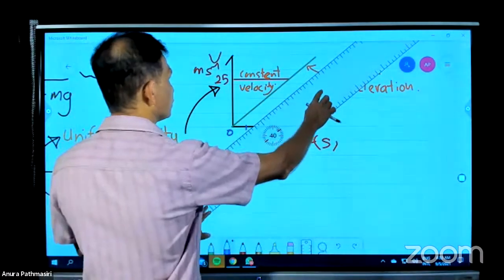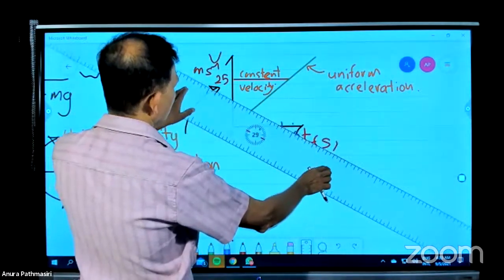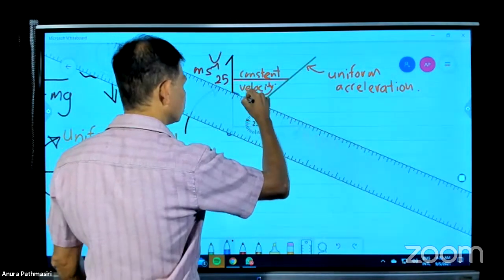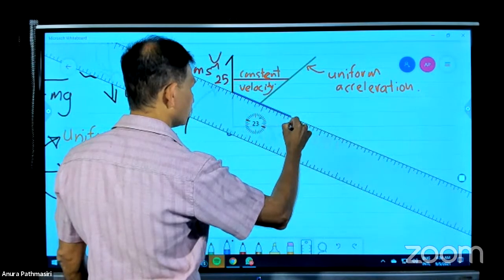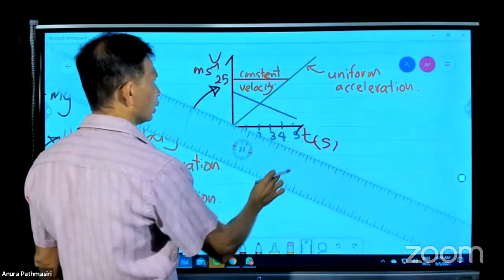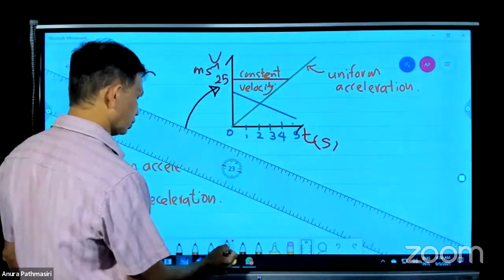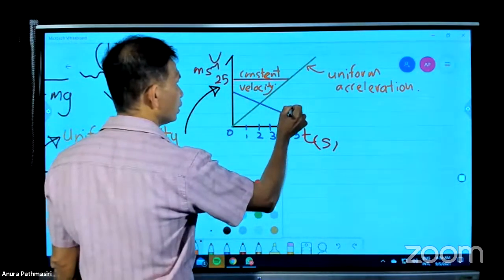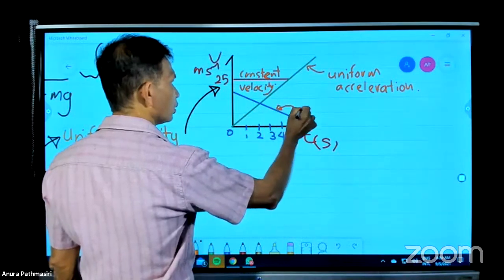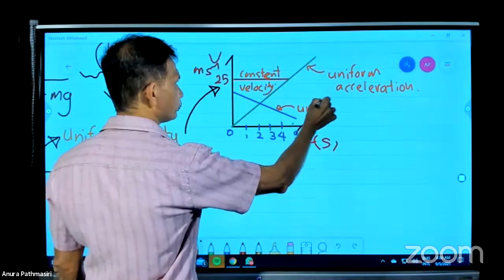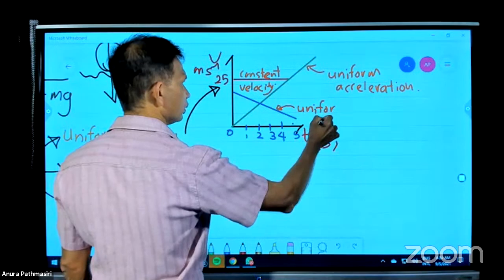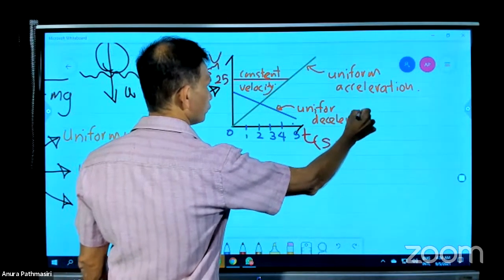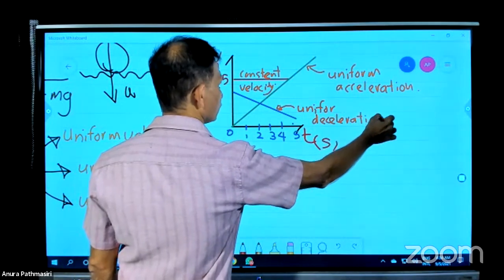There is an initial velocity and it's going to get down. So there is initial velocity. This one is uniform deceleration.